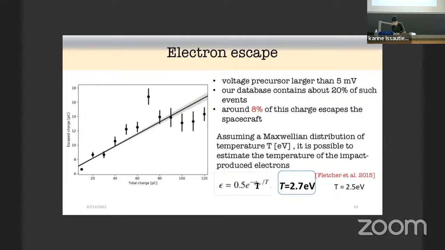We know that Phi spacecraft is 5 volts, so we can estimate that T is 2.7 electron volts. And again, this is interesting because, comparing to the experimental values, it really looks like we obtained something nice.